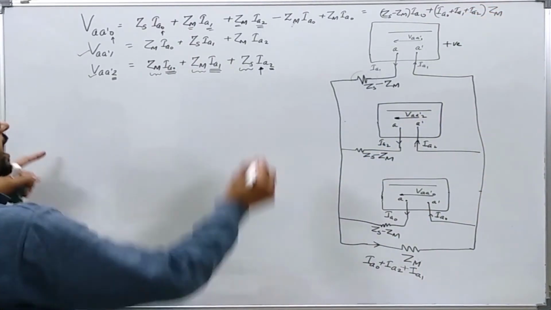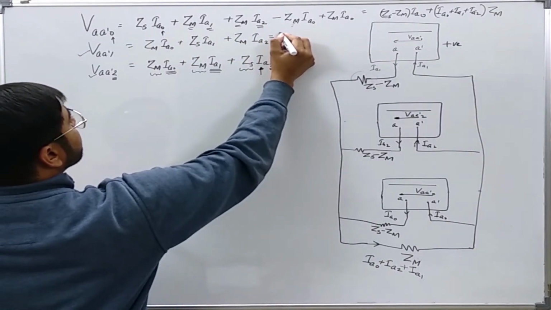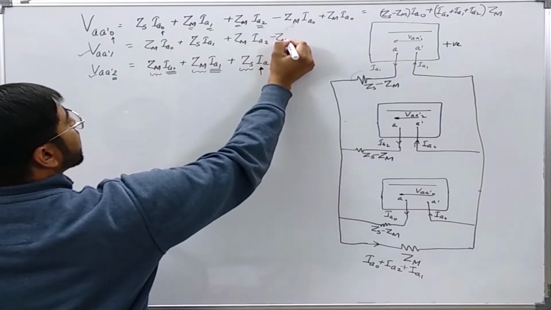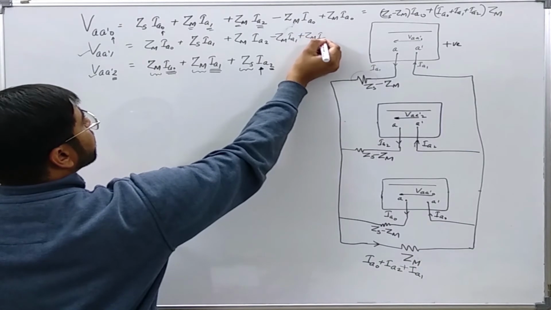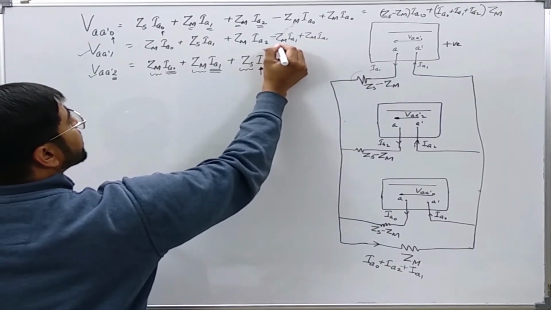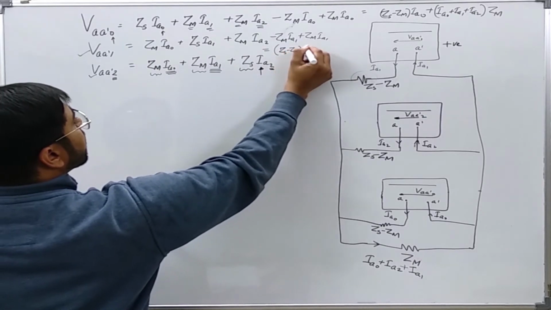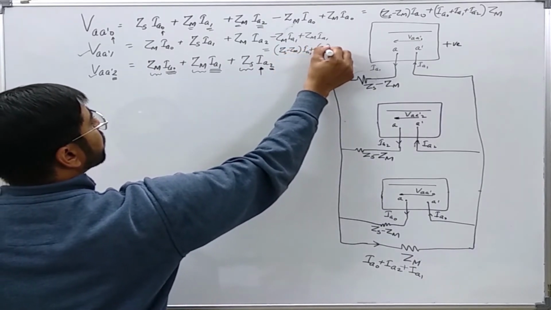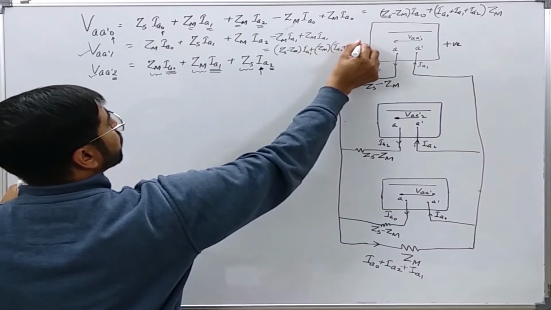Similarly, I could have written it directly minus ZM IA1 plus ZM IA1. Then it would have directly given me the equation ZS minus ZM IA1 plus ZM into IA0 plus IA1 plus IA2.